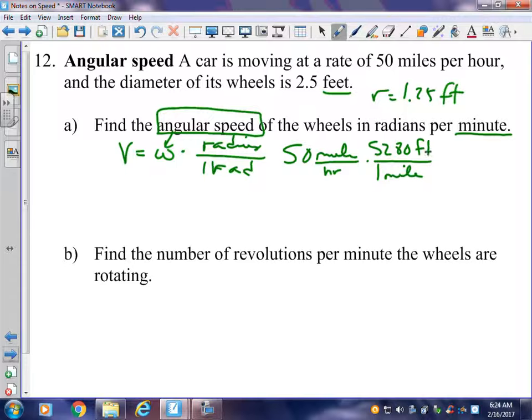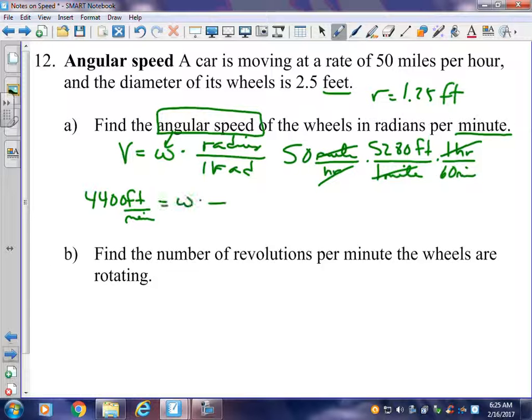So that's the conversion factor I need and where I need it so that the miles will cancel. And then there's an hour, 60 minutes, so we're going to put hours on top and 60 minutes on bottom so that the hours will cancel. And now when we work this question out, we'll have our new velocity in the units we needed. So 50 times 5,280 divided by 60 comes out to give me a velocity of 4,400 feet per minute.